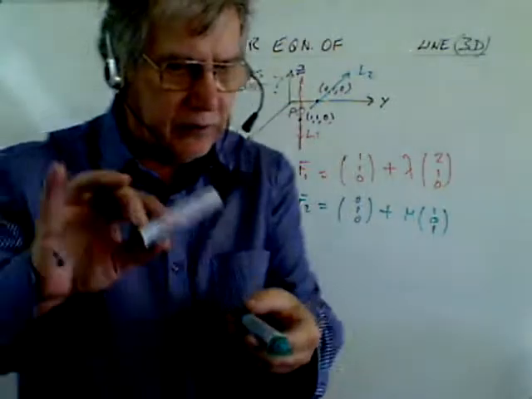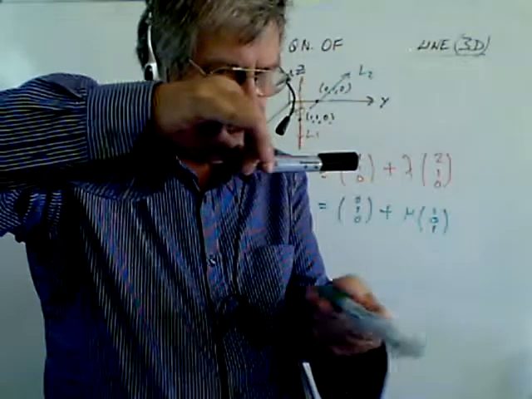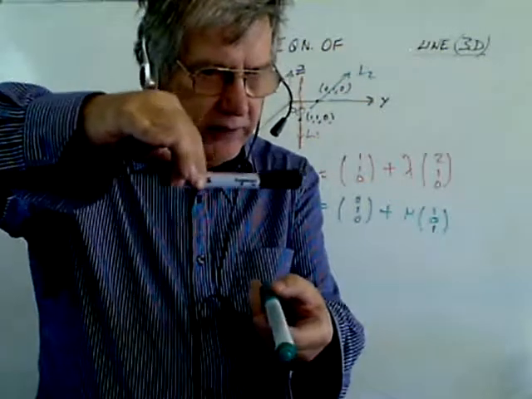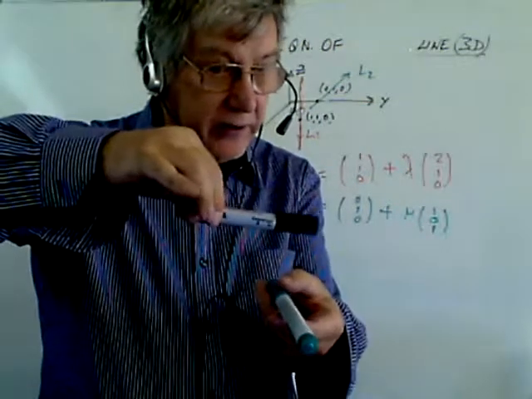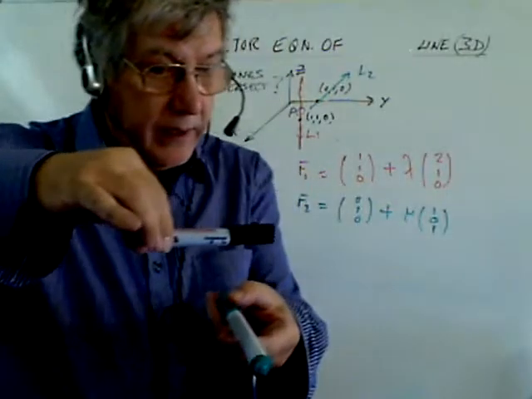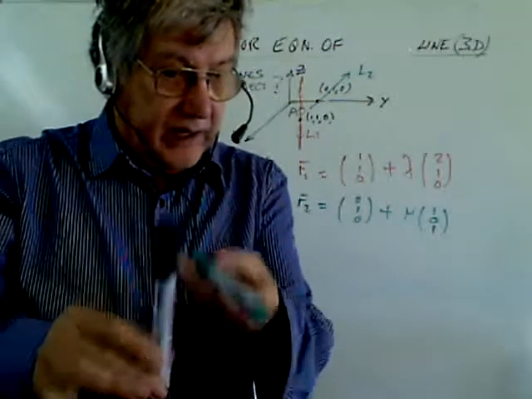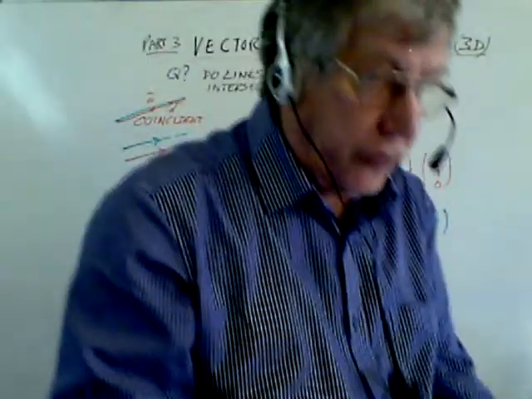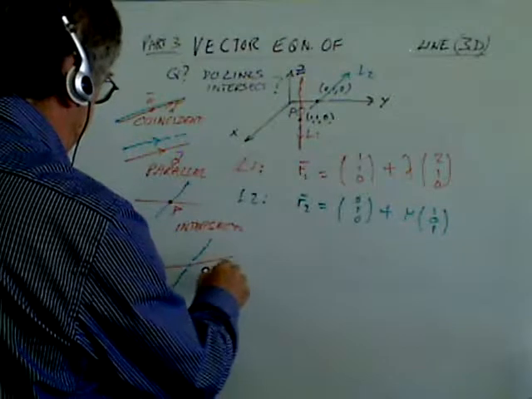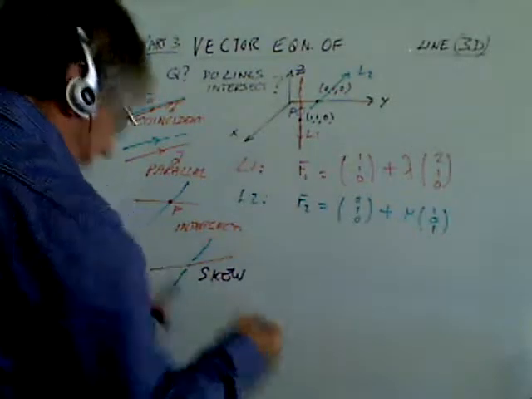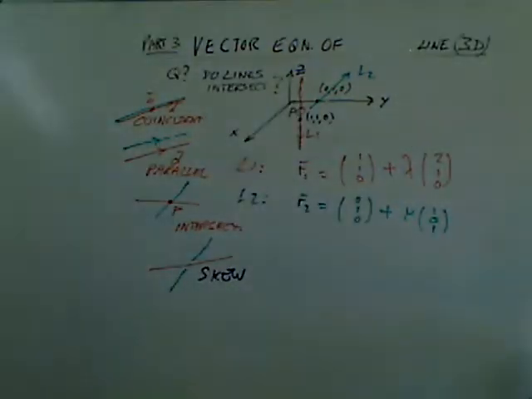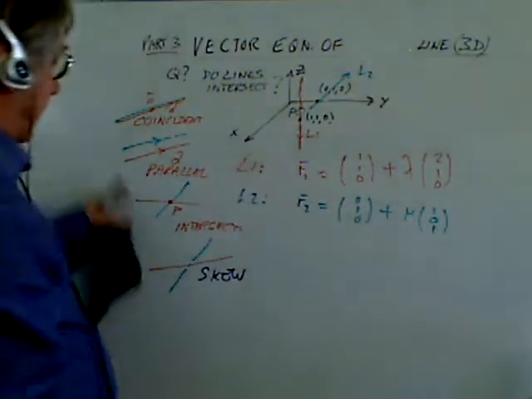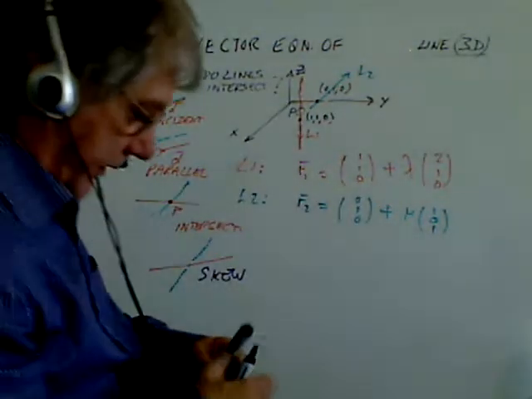Here are my 2 pens. That pen's up there and that pen's down there. 2 lines that do not intersect. Or just like that, and like that even, or like that. So they're called skew. Okay, they're called skew lines. So they do not share a common point, they're not parallel, and they do not intersect.